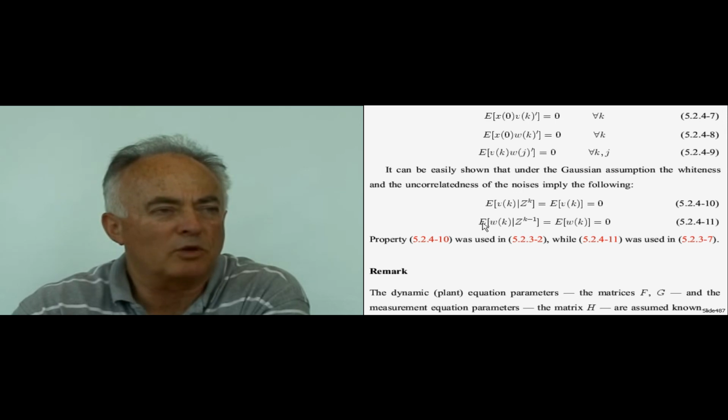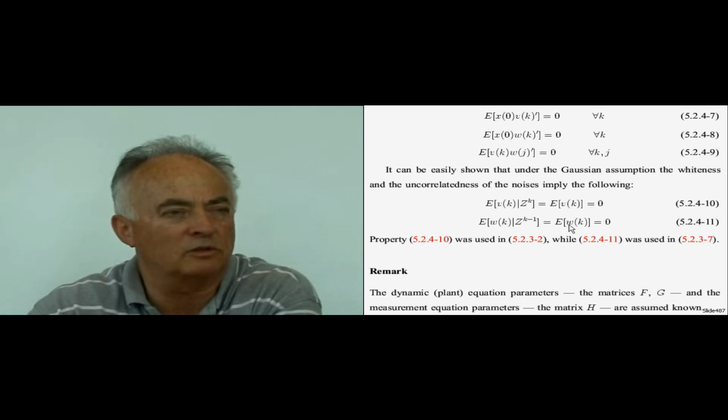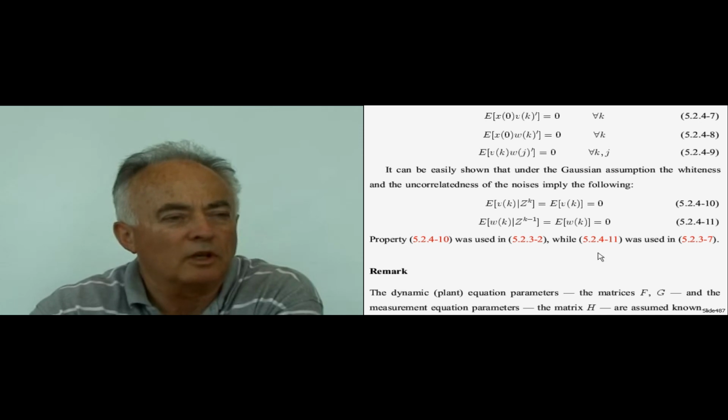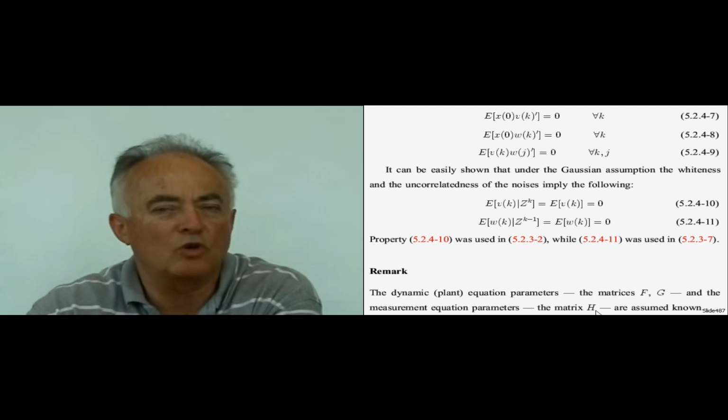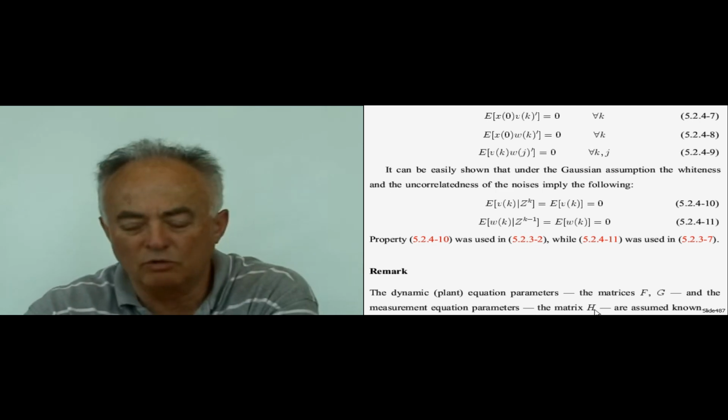Similarly, E of w_k given Z^{k-1}, this conditional mean of w_k, is the unconditional mean, and that's 0. Again, we also assume F, G, and H, and actually Q and R, are all known quantities.